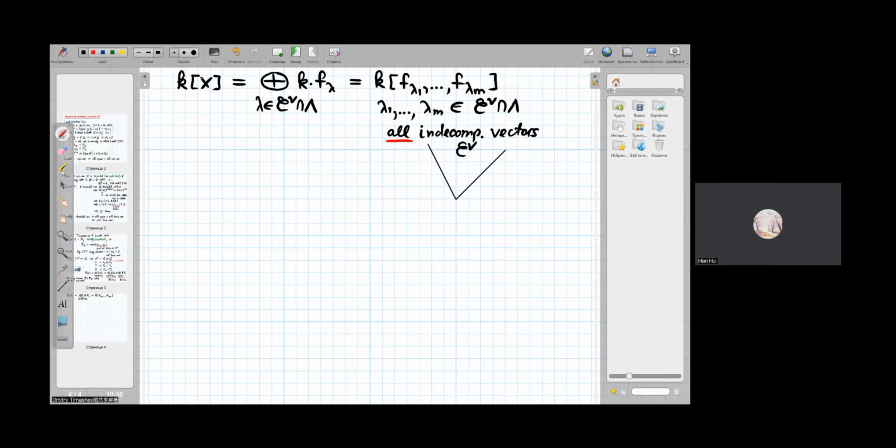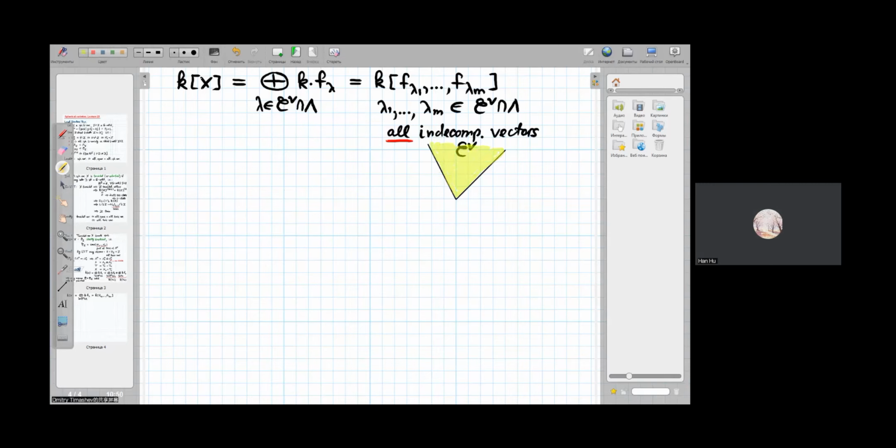Let me brush it in yellow. This is the cone C check, an example of it.